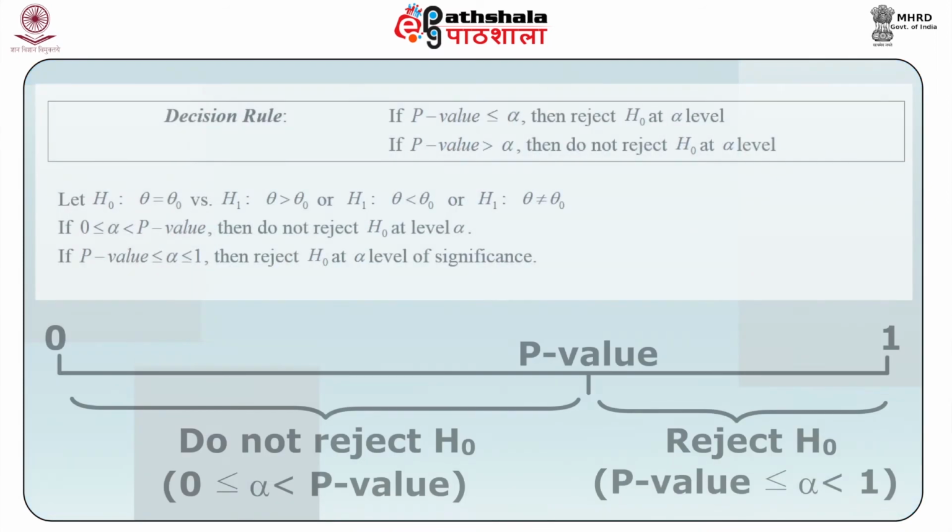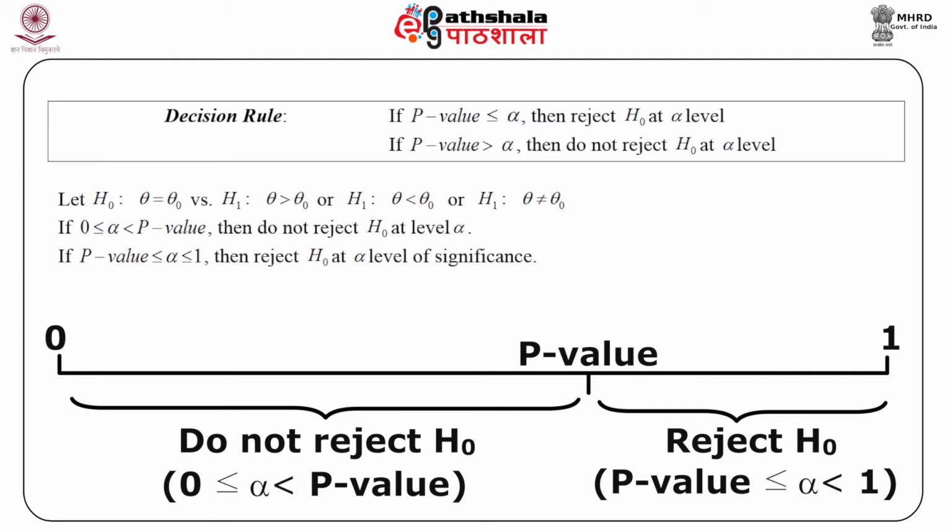This comparison is independent of the type of test, since we can see that phi of modulus Z would always be between 0 and 1, so it can be written as 0 less than or equal to phi of modulus Z less than or equal to 1 always. The decision rule is illustrated in our figure 5.